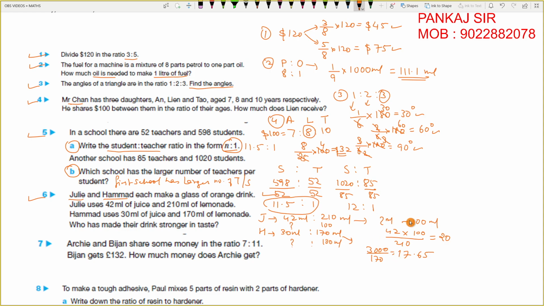So per 100 ml, if you calculate, the juice quantity is more in Julie's case. It is 20 compared to 17.65.